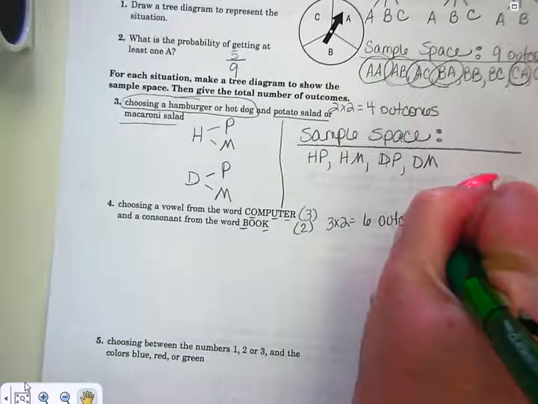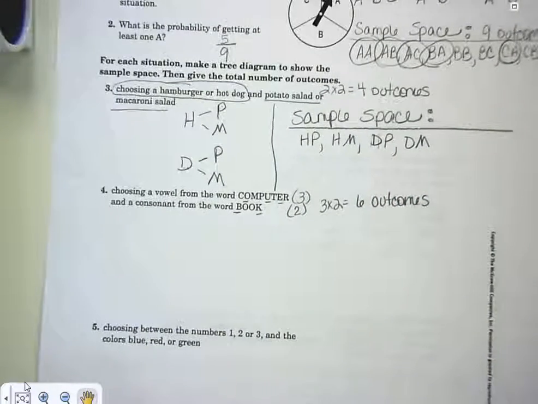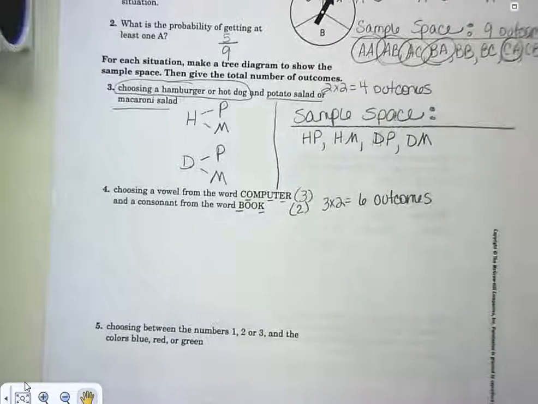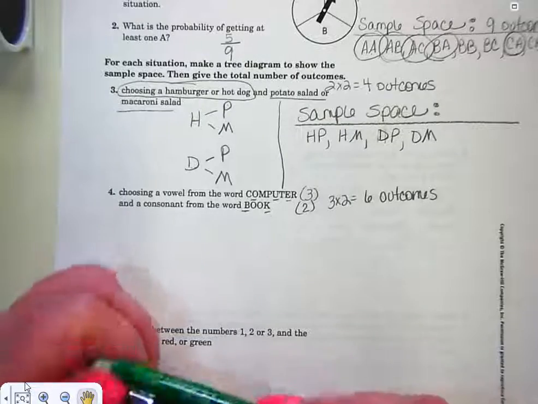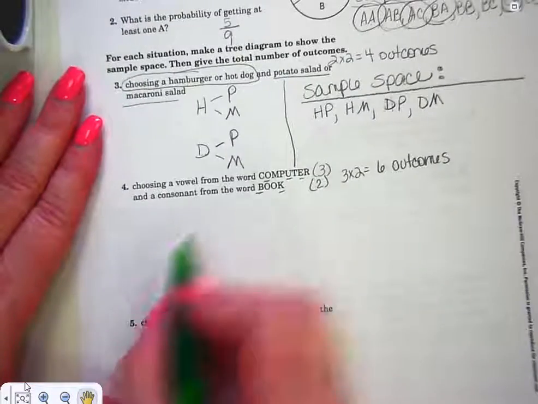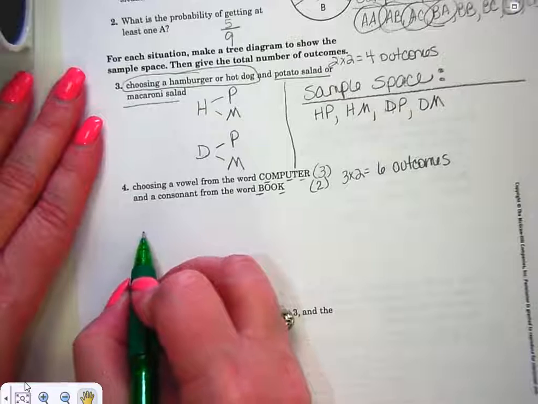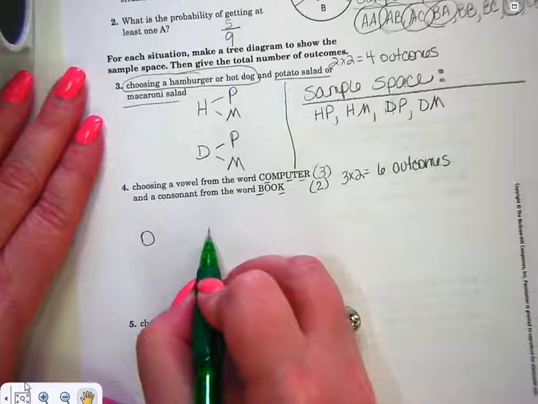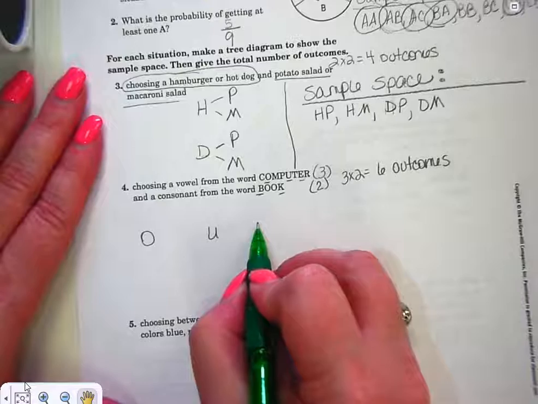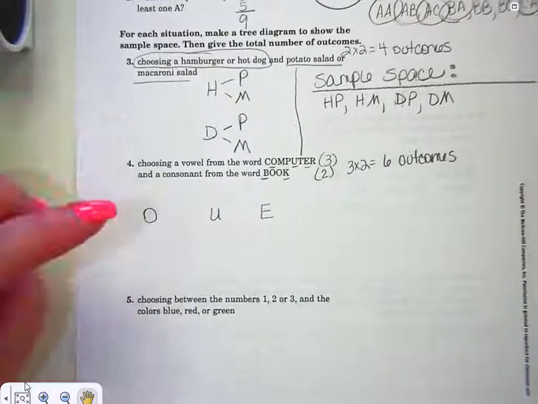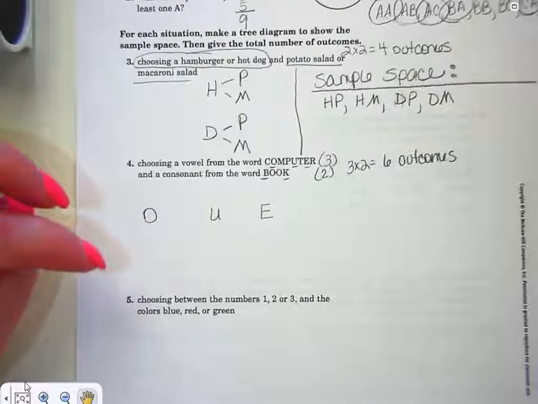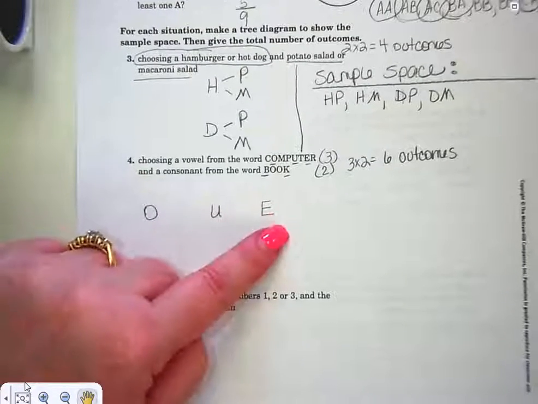But now we need to make a tree diagram. Do you want to do the top down or to the side? Which way do you like better? Okay. So what 3 things are our first choice from computer? We could choose an O, a U, or an E. Everybody see where we got those from?